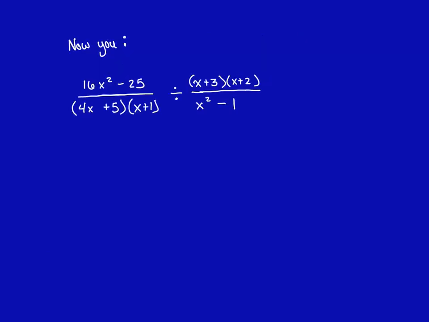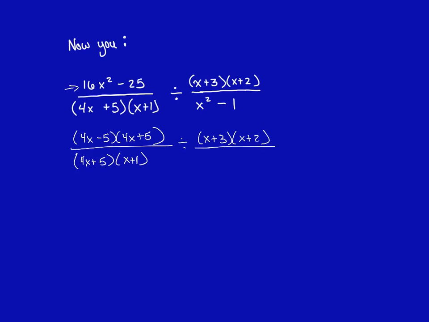Alright, so let's practice one more. Remember, factoring with rational expressions and rational equations should always be your first step, and that's why practicing factoring is so important. So this is a difference of squares again, so this is going to be 4x minus 5 and 4x plus 5 over 4x plus 5 and x plus 1, divided by x plus 3, x plus 2, and this is also a difference of squares, so we got x minus 1 and x plus 1.